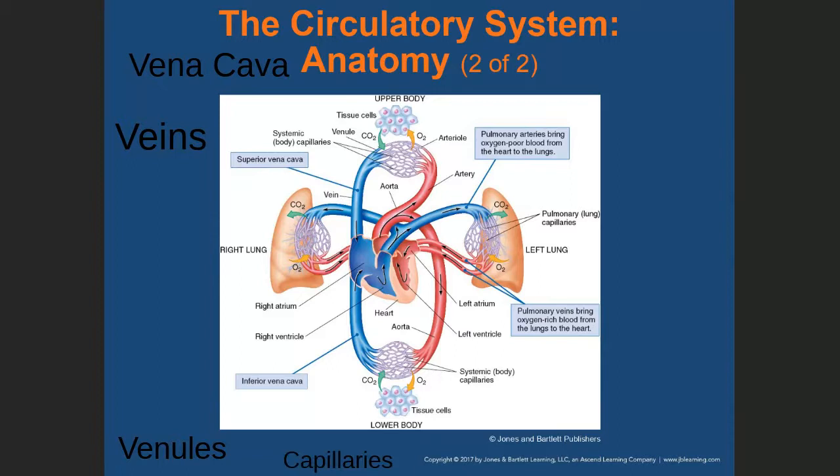The capillaries are the link between the smallest vein and the smallest artery, right? So the capillary is the link between the venules and the arterioles. Very important for you to understand and know that, right?